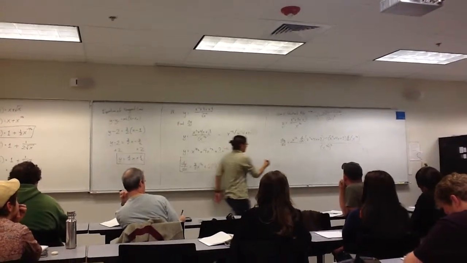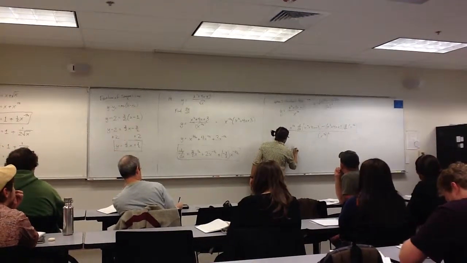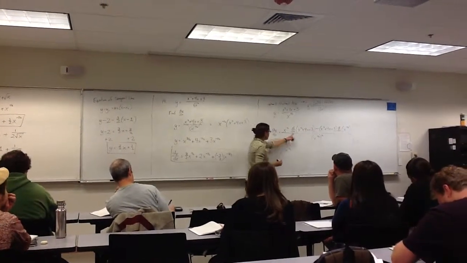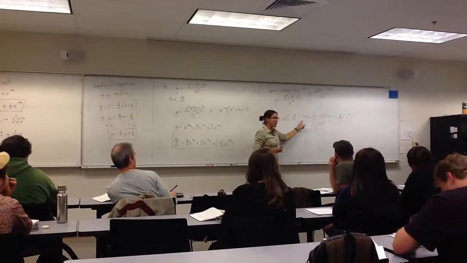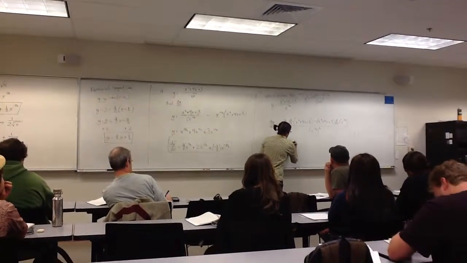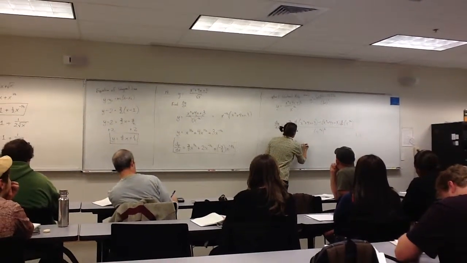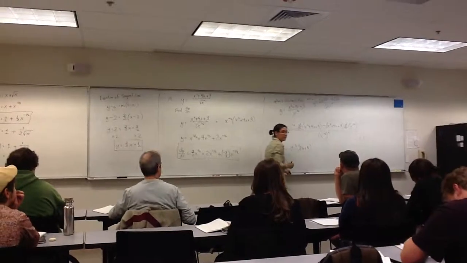So my next line will look like this. I've got x to the 1/2, and then I'm going to take the derivative of everything inside the parentheses, so I've got x to the 1/2 times 2x plus 4 plus 0.